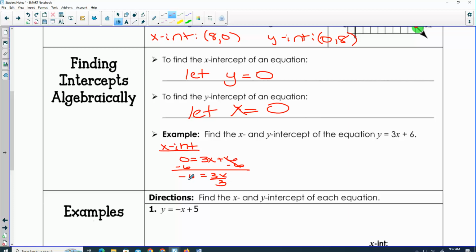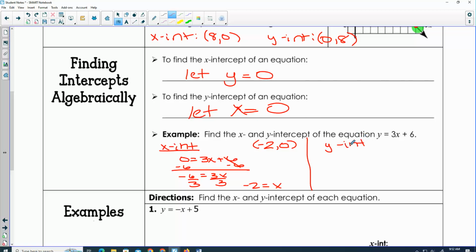Divide by 3. If I want that as an ordered pair, x is -2. What was y? 0. To find that one, we start out by making our y 0. So when you're writing the ordered pair, one of them will always be 0.